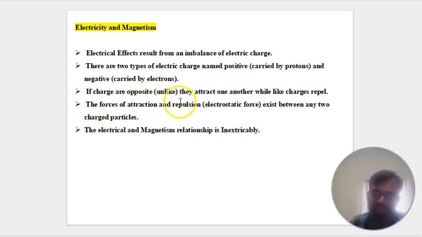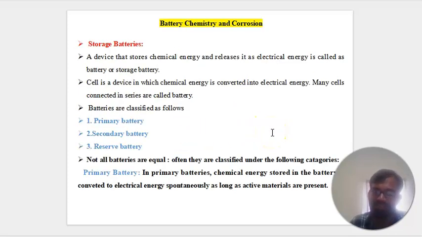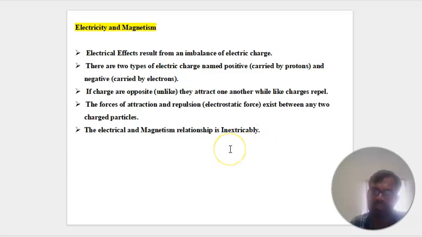If the charges are opposite, unlike, they attract one another, while like charges repel. The force of attraction and repulsion is known as the electrostatic force, which exists between any two charged particles. The relationship between electricity and magnetism is inextricable.